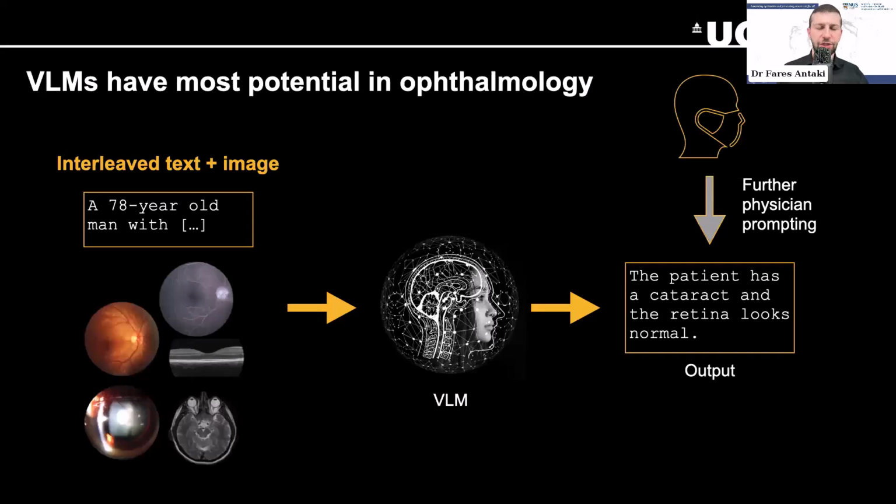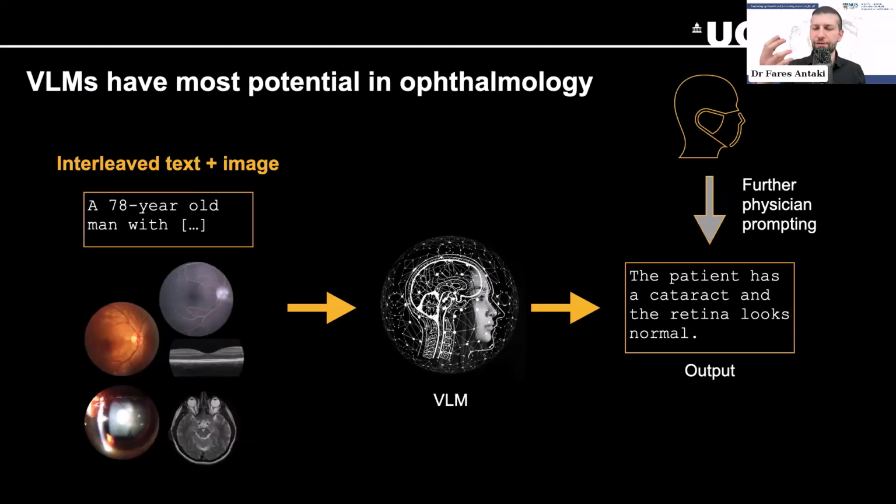We rely on patient histories, but we also want to include multimodal inputs such as OCT, fundus photographs, ultrasounds, MRIs, anterior segment exams. So ideally, you want to provide a vision language model with interleaved inputs, which are a mix of language and then images.